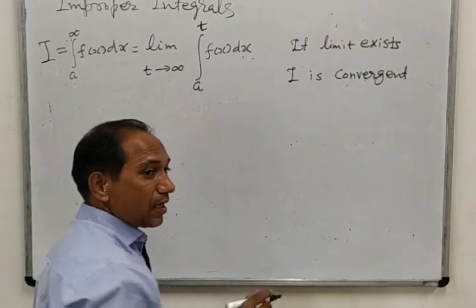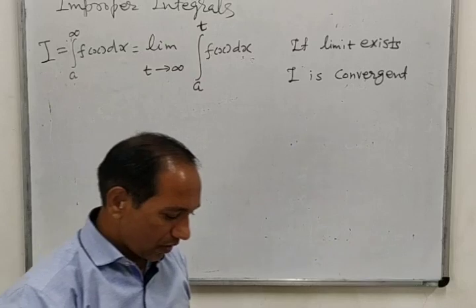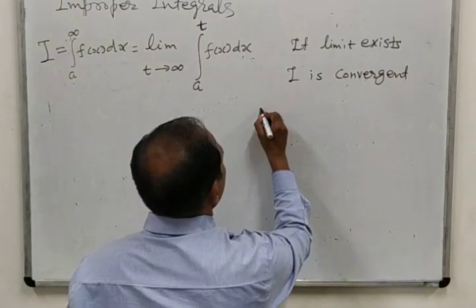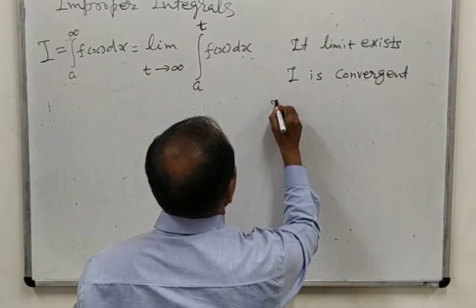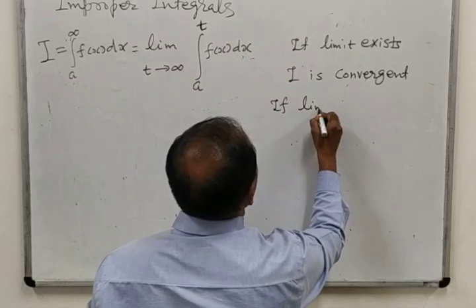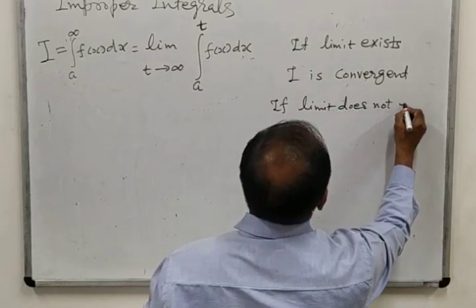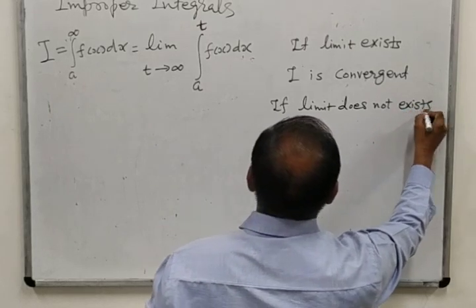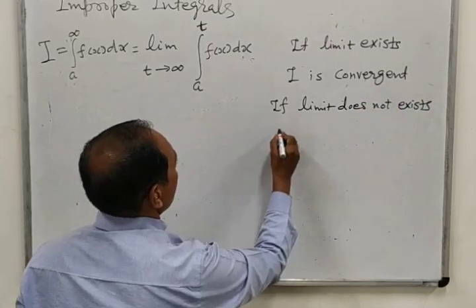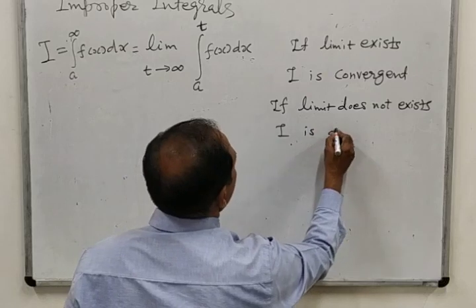And if the limit does not exist, we say that I is divergent.